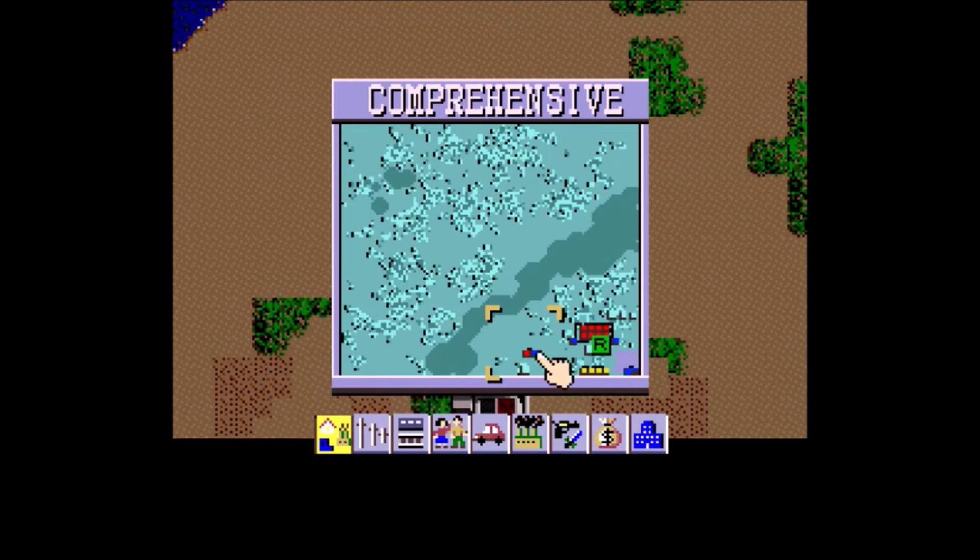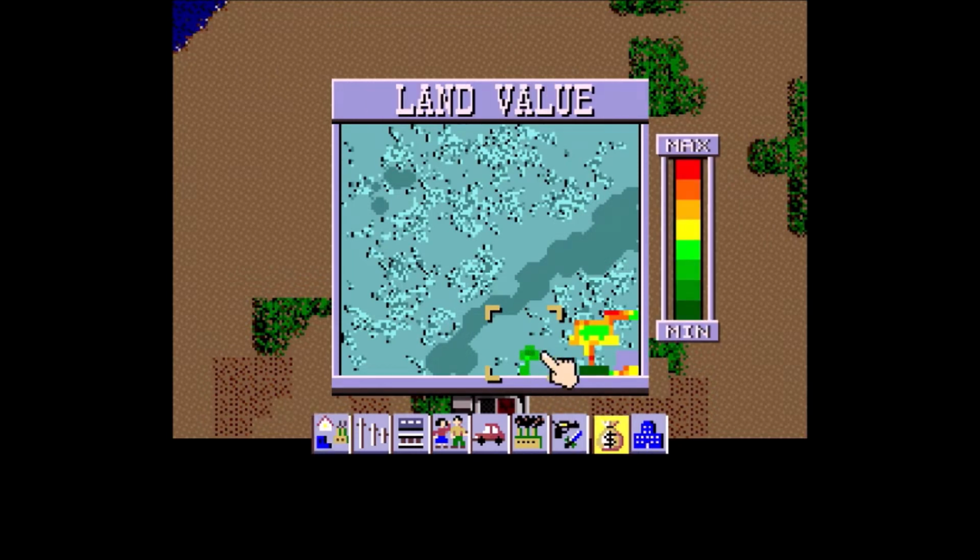So there's my commercial zone. It is not yellow. If you ever get a commercial zone in these greens, what you're going to notice is it will partially develop, but not fully develop. It will either be a partially developed low, mid, or upper.